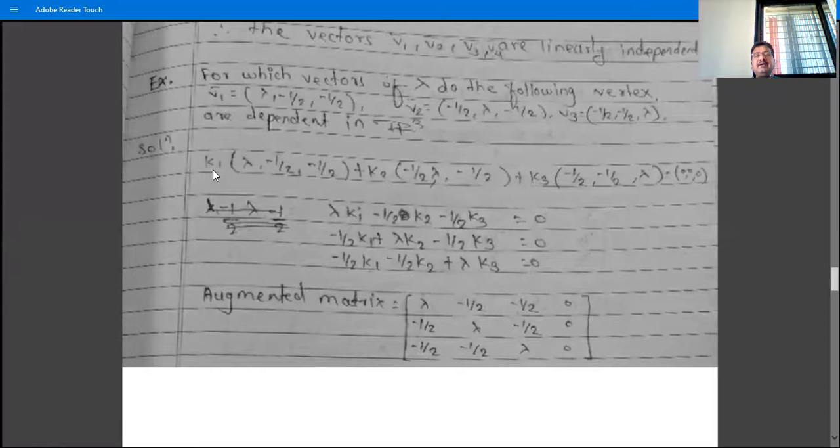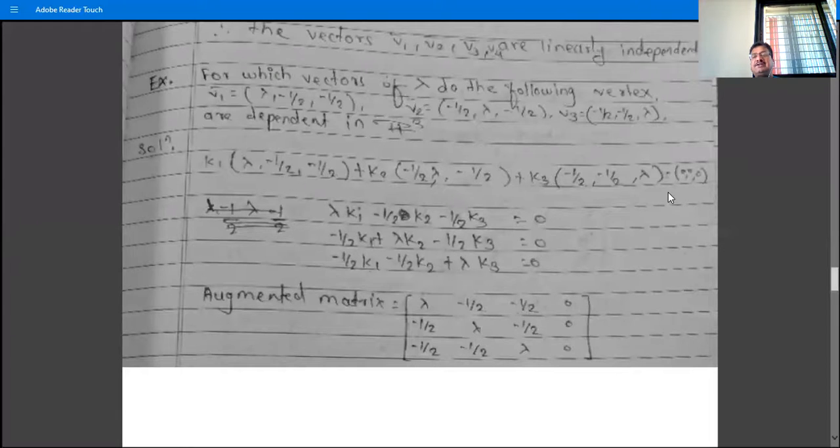That is, multiply K1, K2, K3 to each component, then add the corresponding components, using the definition of scalar multiplication and addition in R3.